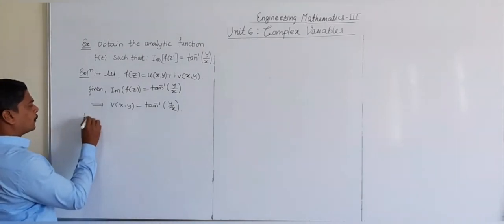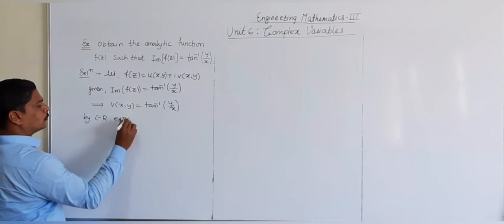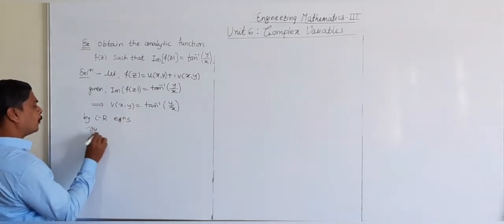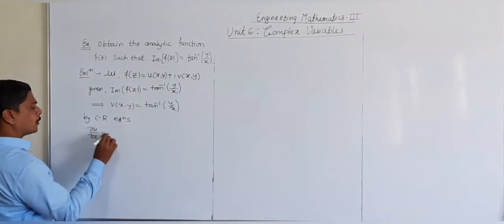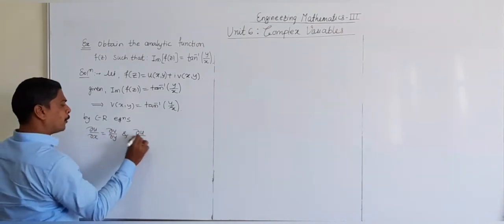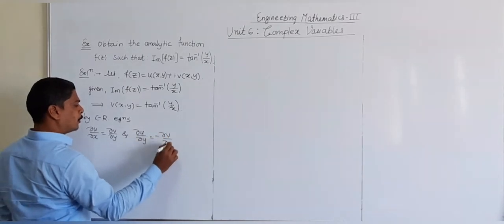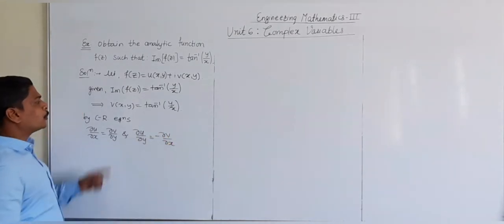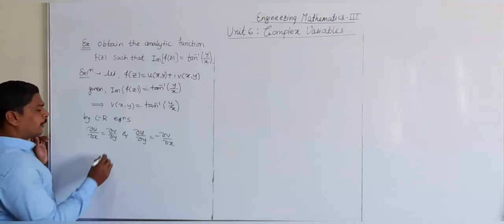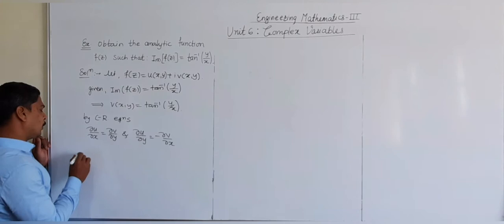So by the CR equation we know that the partial derivative of u with respect to x is equal to the partial derivative of phi with respect to y, and the partial derivative of u with respect to y becomes minus the partial derivative of phi with respect to x. But the given function is phi, so that's why we are finding the partial derivative of phi with respect to x as well as the partial derivative of phi with respect to y.